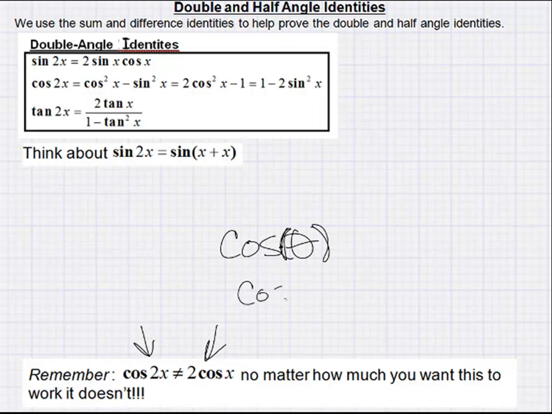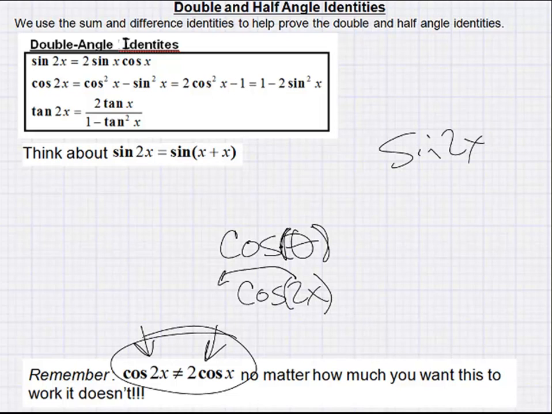So the cosine of 2x or the sine of 2x is not sine times 2x or cosine times 2x, it's cosine of 2x. So I can't just take this 2 and pull it outside of this thing. That doesn't work. These two things are not equal to one another. I can't say that the cosine of 2x is equal to 2 times the cosine of x, because they're not. I can't just pull the 2 out in front.